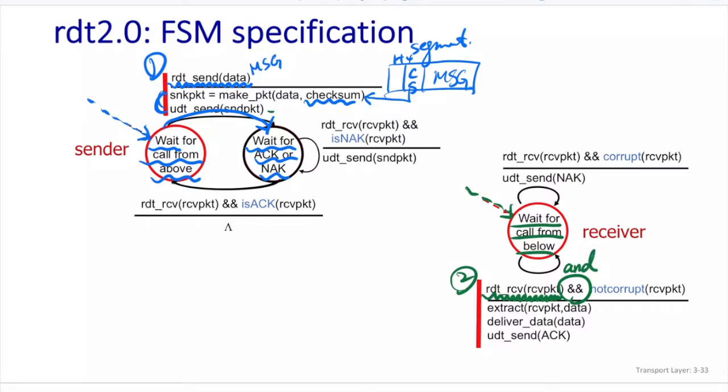After the receiver calculates the checksum of this message, it figures out there's no bit error, so we use the word not corrupt. The checksum value calculated is exactly the same as the checksum value in the checksum field, so we believe there's no bit error in this packet. That is the event received.